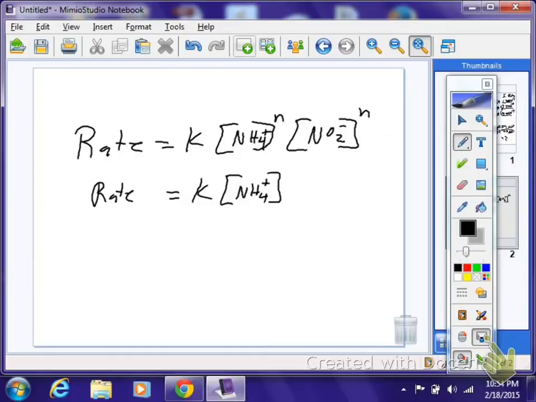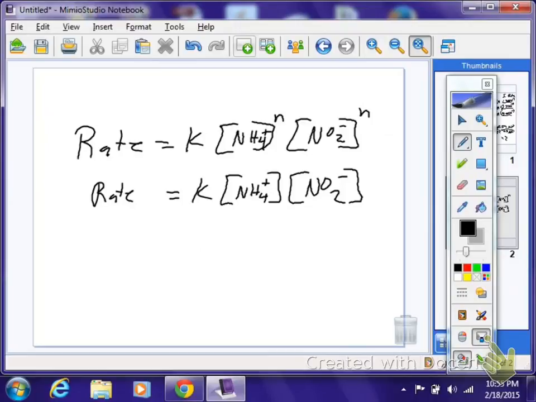If it's an order of 1, we're not going to write a 1 above; we're just going to leave it as it's written right there. Then we multiply it by NO2-. Again, if we squared it, or it were an order of 2, we'd put a 2 up there as a superscript. But since it's an order of 1, it's just those concentrations.